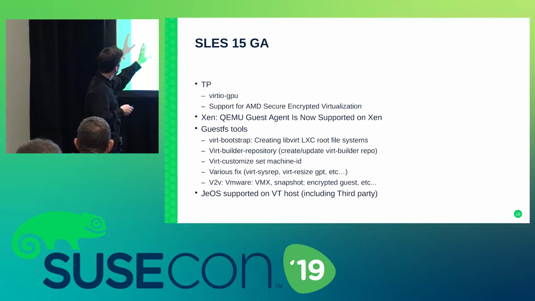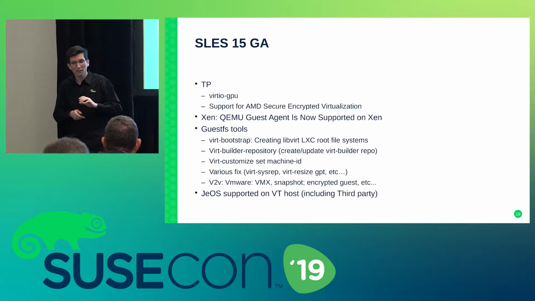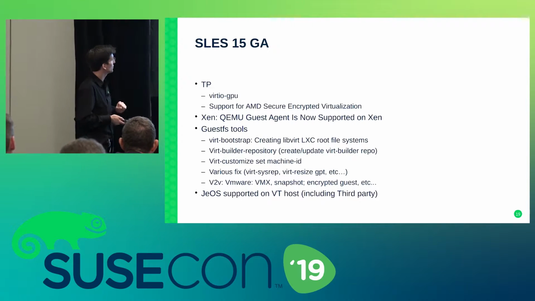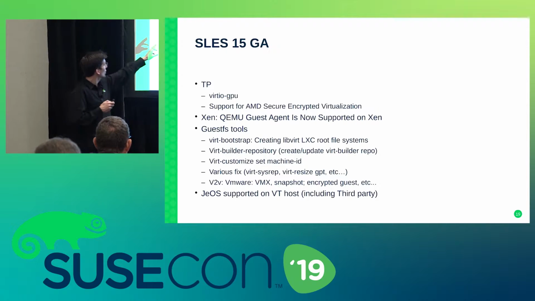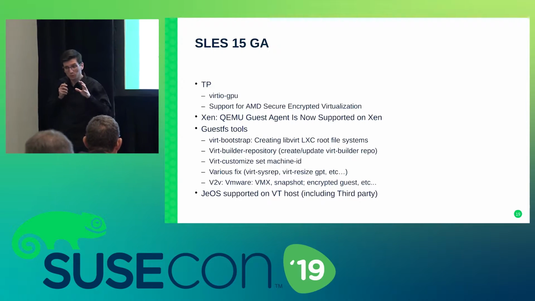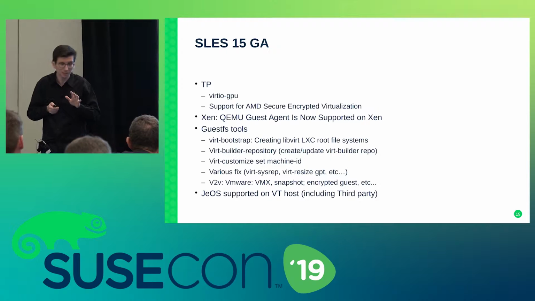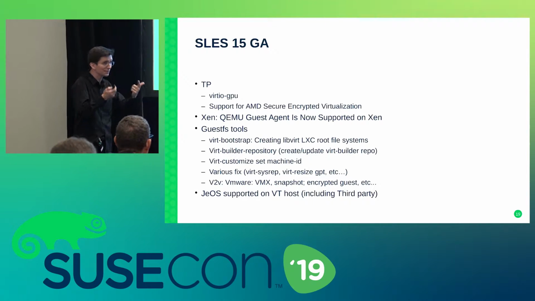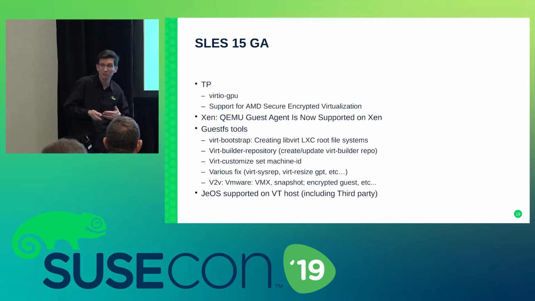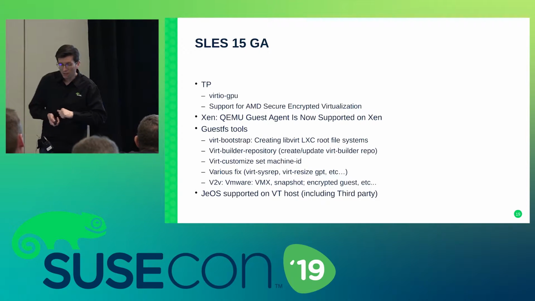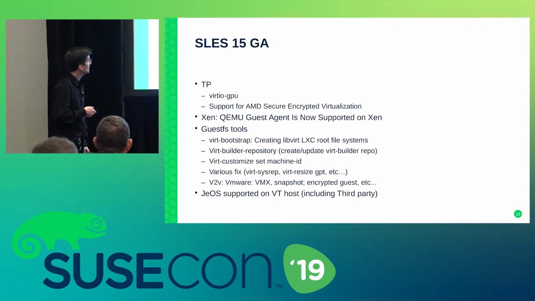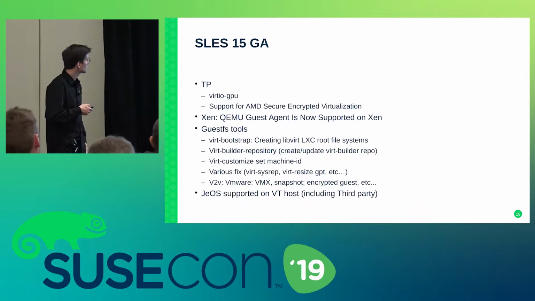So virt-builder provides you an easy way to access VMs, any kind of VMs, and do some stuff on it. And now we provide a way to create your own index, which means that if you create your own VMs and you would like to get an index repository to be able to use it, you can do that with this tool.